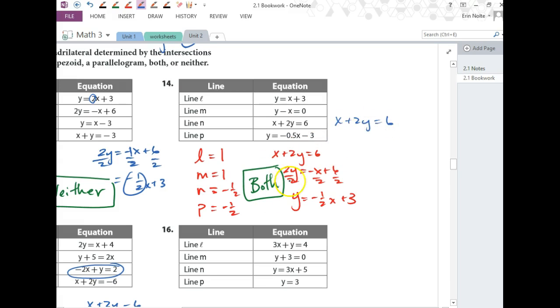Okay, so this is my work right there, but you subtract the x, right, to solve for y. So you get 2y equals negative x plus 6, then you divide by 2, and you have to divide every term by 2. So negative 1/2 x plus 3. So the number in front of the x is negative 1/2.